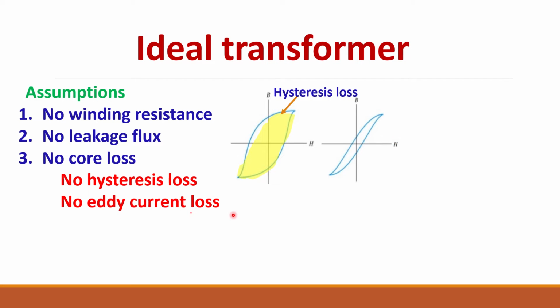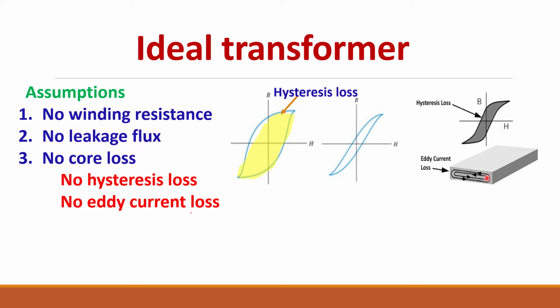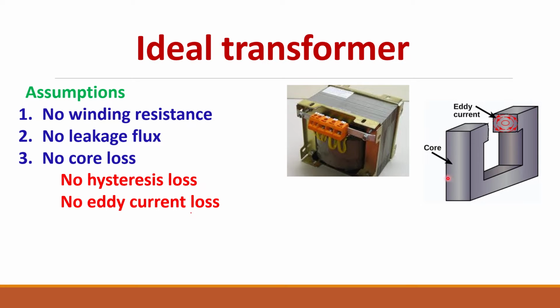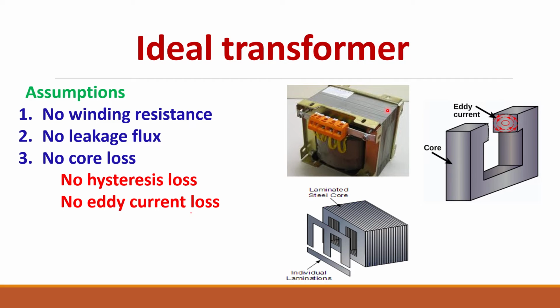The next one is eddy current loss. In the magnetic core, when current passes through it, eddy currents will flow and create a loss. You can see here, this current will be circulating here, which will create some losses. Normally, to reduce the eddy current, we use laminations.